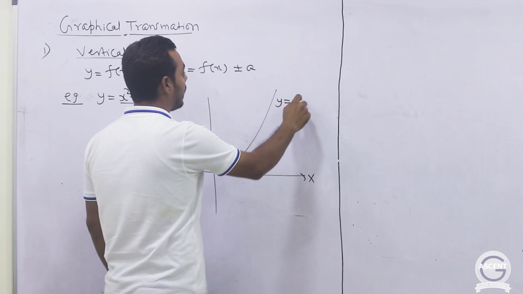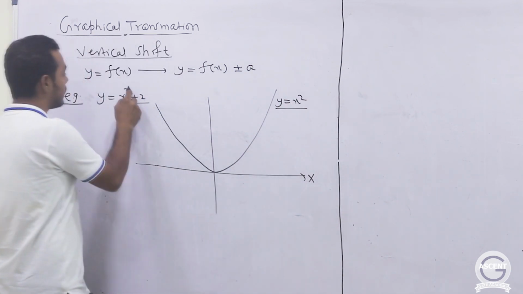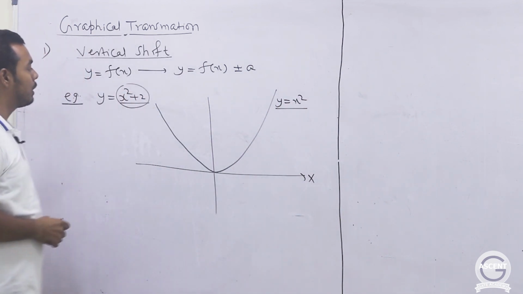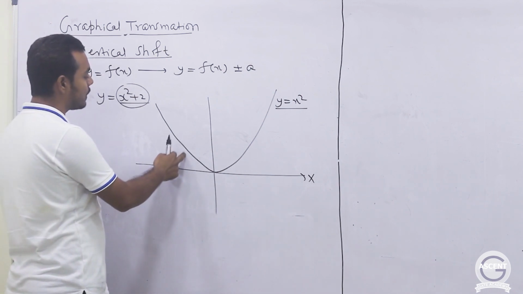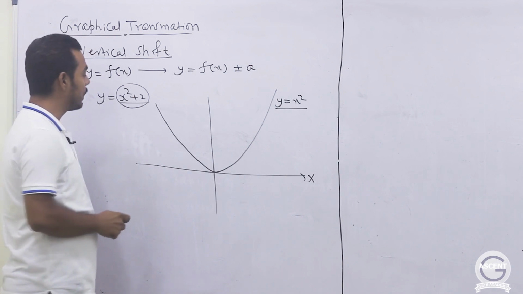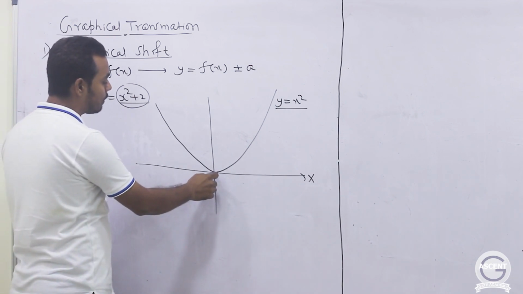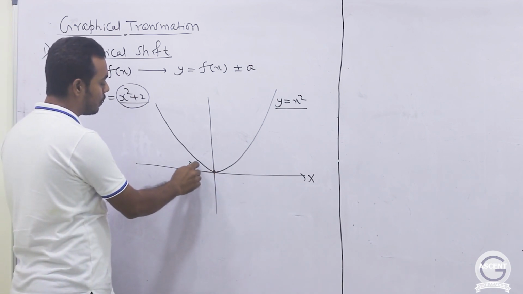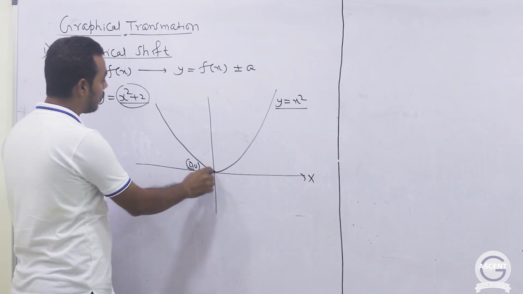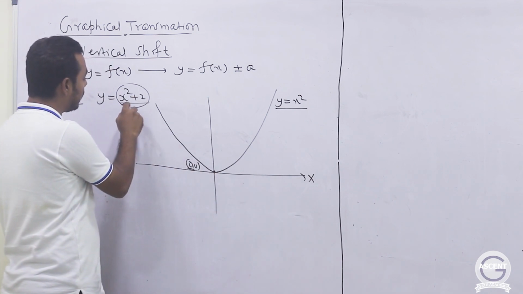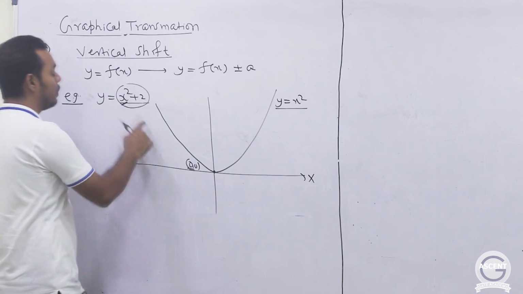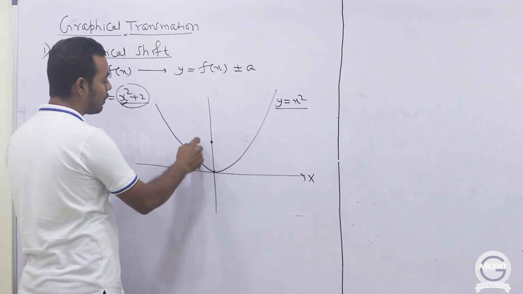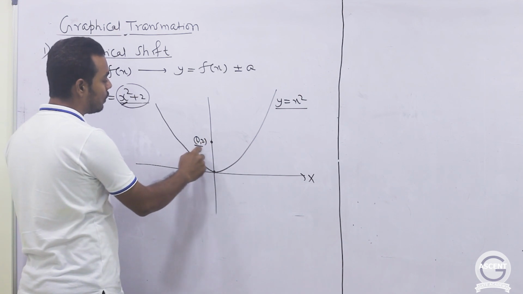Now suppose we have to draw the graph of y equals x square plus 2, then all the points on this curve will shift by 2 units towards the positive y axis. On this graph y equals x square, you have x 0, y 0. Now if I place x equals 0 here, then the value of y that we are going to get is 2.